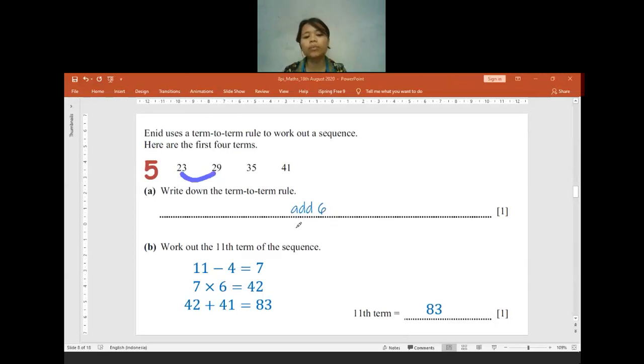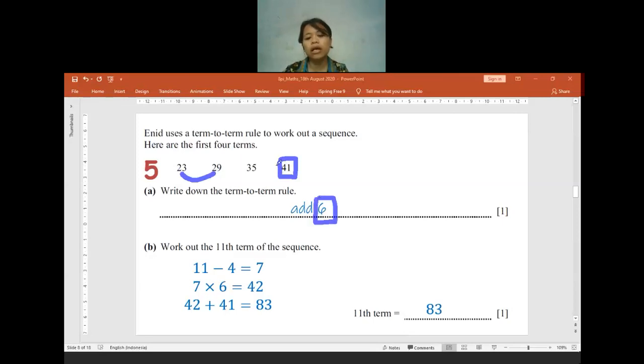And then for question B, we need to find the 11th term. For finding the 11th term, it's okay if you want to make a list, or if you want to use the method that we are used to, that is also okay. I will focus on the fourth term, and we already have the term to term rule.